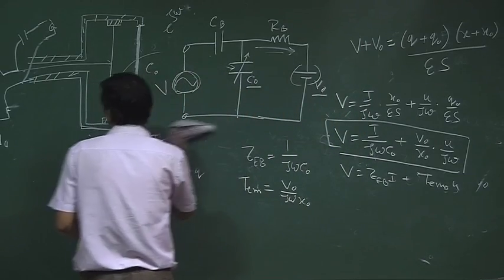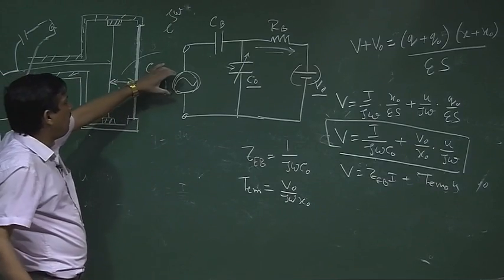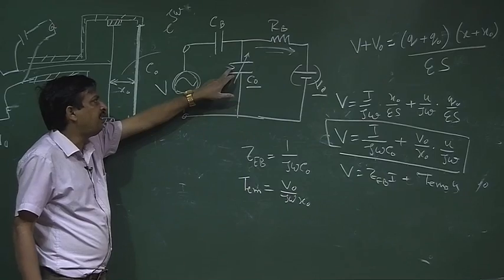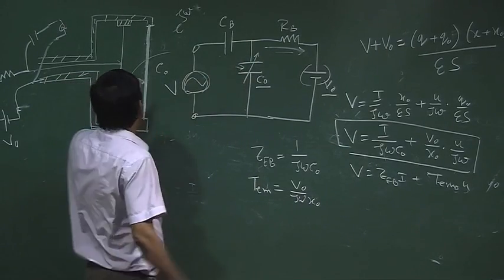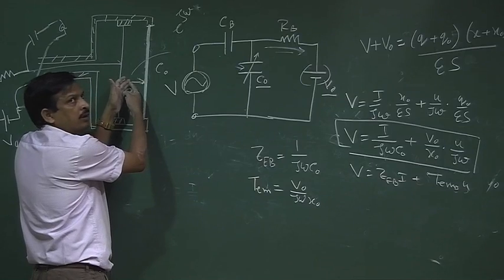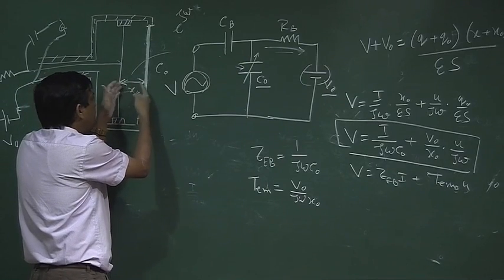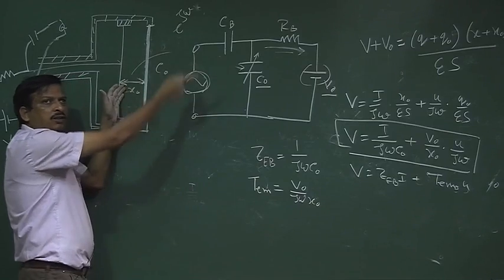Now I derive the second equation. Here I said if I apply a voltage, then an additional charge Q will be deposited, and that is why the capacitor plate will be displaced by x amount, creating the mechanical oscillation.